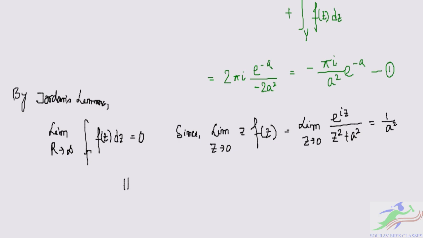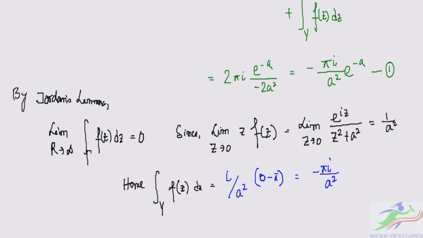So hence the integral over y of f(z) dz is equal to i by a square times 0 minus pi, so it is minus pi i by a square.